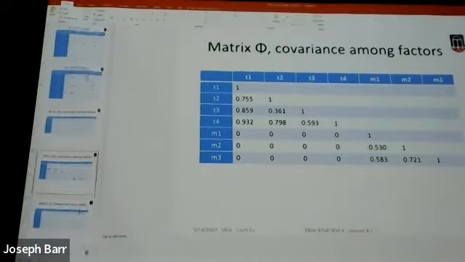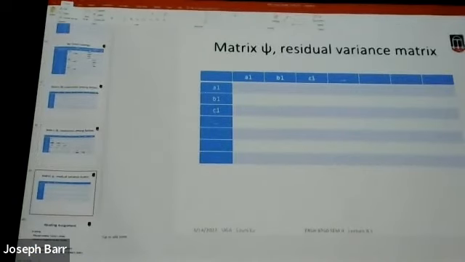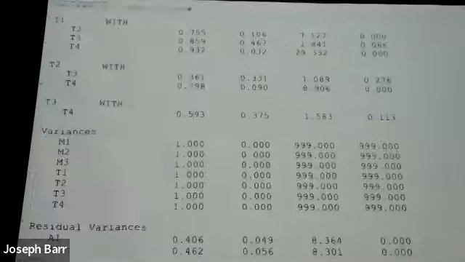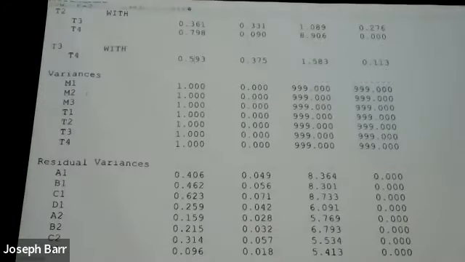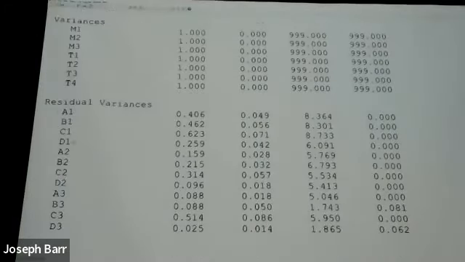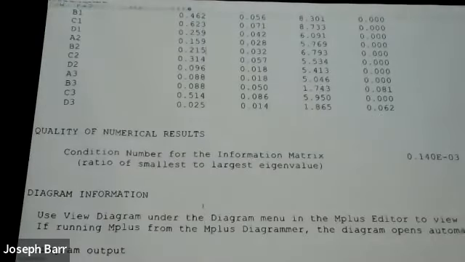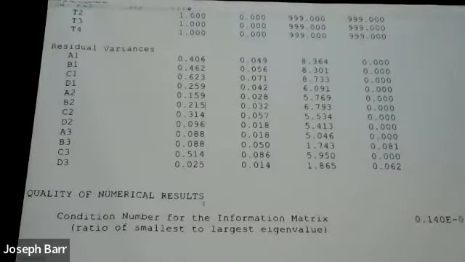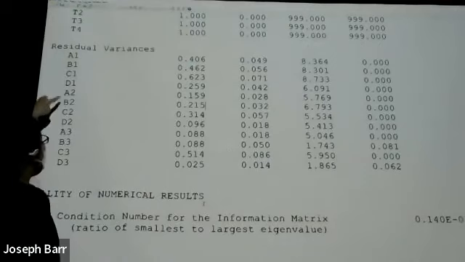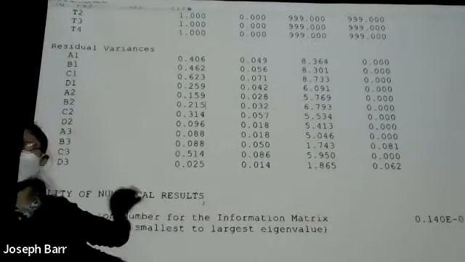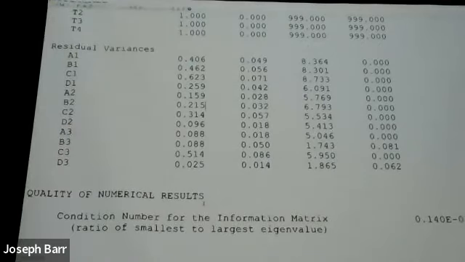In addition to this table, we can also fill out the theta matrix. What is the theta matrix? Residual variance. Residual variances are here. We have 12 residual variances. So the diagonal elements are just these numbers.